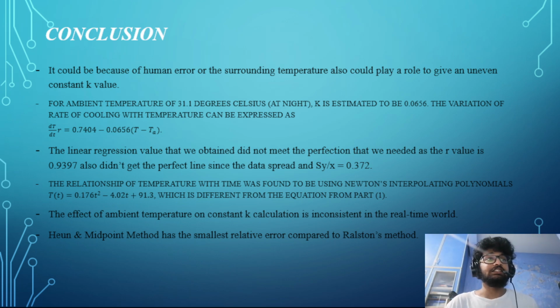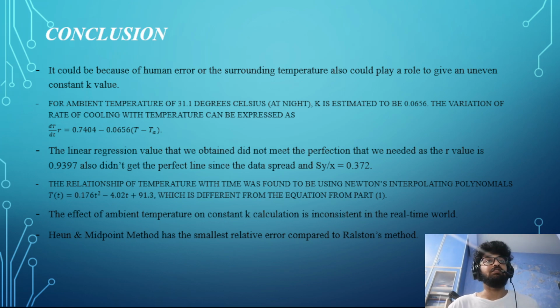Next, the relationship of the temperature with time was found using Newton's interpolating polynomials, which T in bracket time equals 0.176 t square minus 4.02 t plus 91.3, which is different from the equation from part 1.